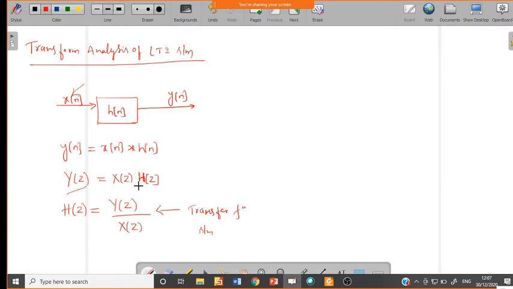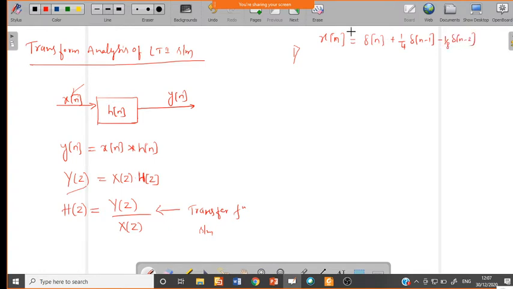Now we will take one example of how to arrive at the impulse response of a system. Say the system has input x of n given by delta of n plus 1 by 4 into delta of n minus 1, minus 1 by 8 into delta of n minus 2.